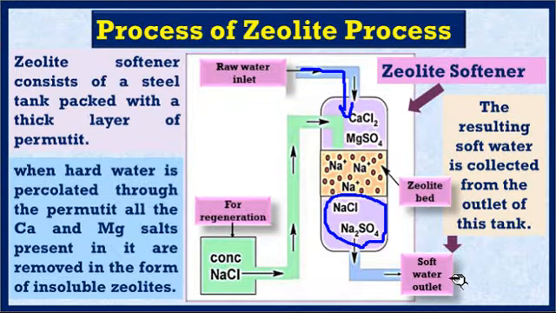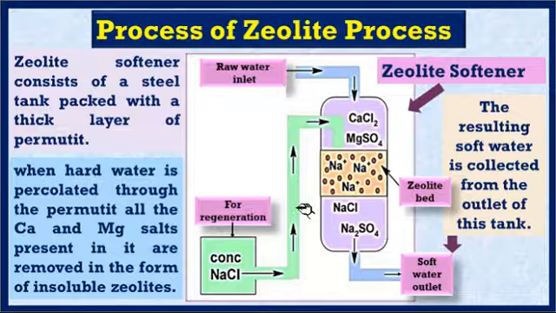So this water is the soft water which can be drained out from the outlet of this tank. So this is the basic principle or method for the softening of water. When hard water percolates through this permutit or zeolite, the calcium and magnesium salts present in the hard water are removed by the zeolite as it exchanges its sodium ions with the calcium and magnesium ions, and the resulting soft water can be collected from the outlet of this tank.